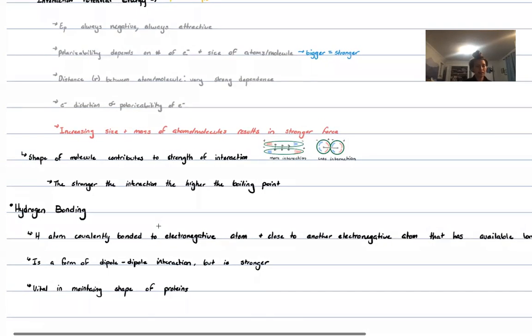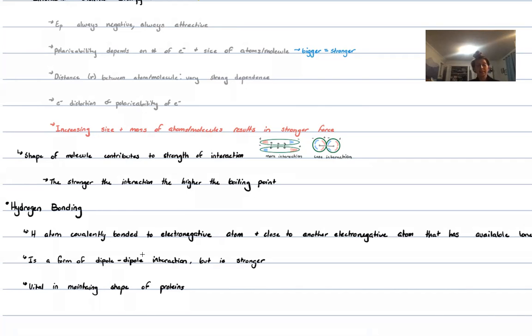Okay, and then again, that's just a very special form of a dipole-dipole interaction. So if a question ever asks what this has, and it has hydrogen bonding, then you can say yes, it has dipole-dipole interaction. And then you could be more specific by saying it has hydrogen dipole-dipole interactions.